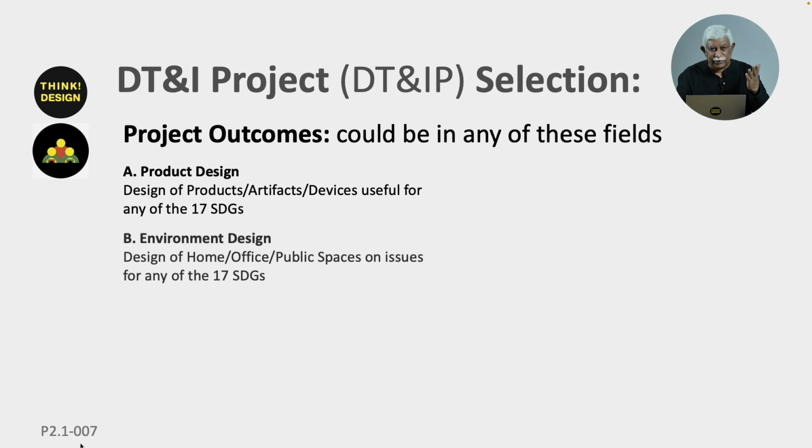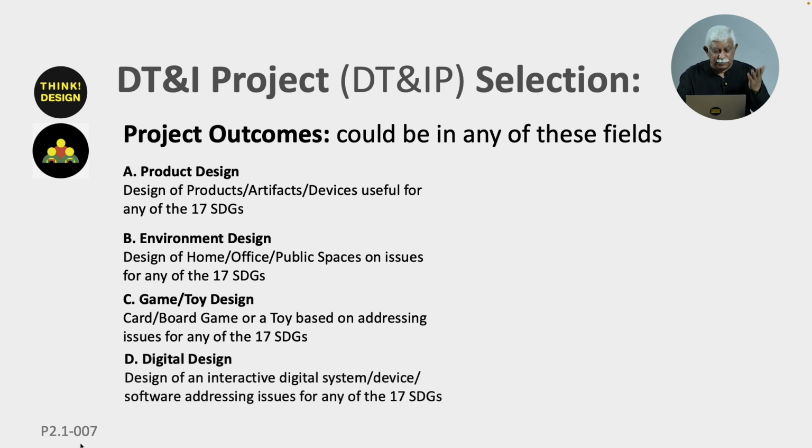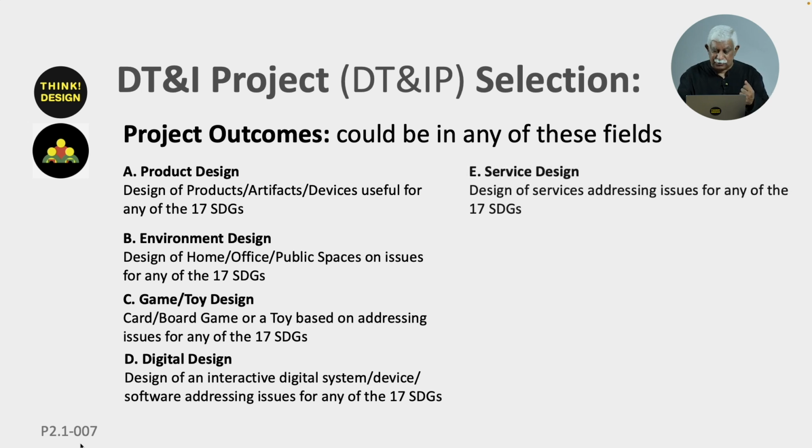You could take a product design as an output, or environmental design, that means you make it for spaces outside, whether at home, office or public spaces. You could design a game and toy. These are just suggestions. It could be a digital design, an application in an interactive space on the internet or as an app on your mobile.